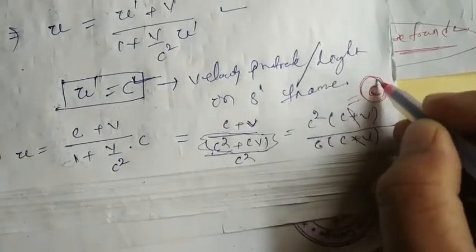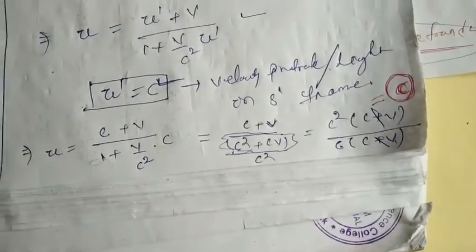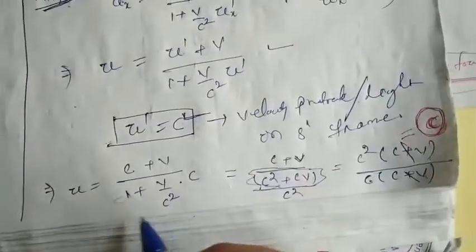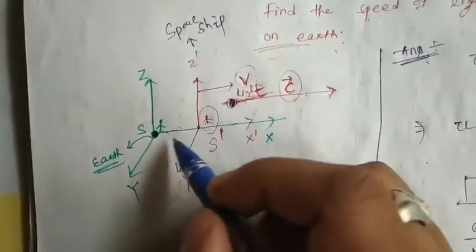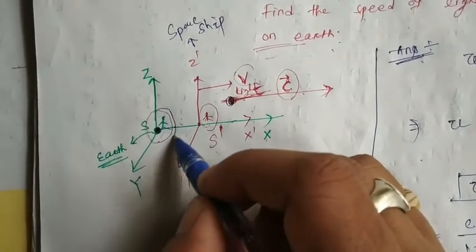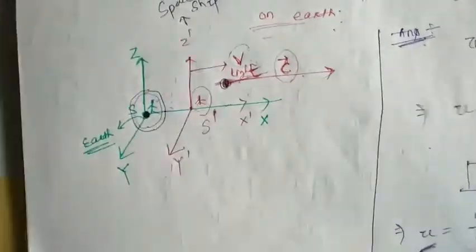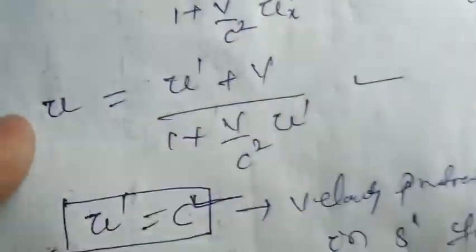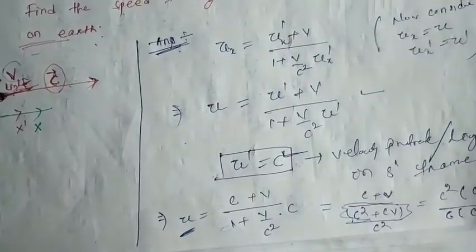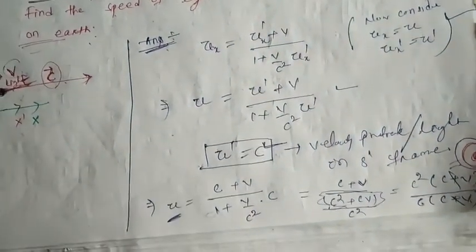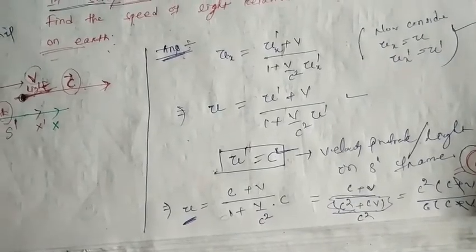Carefully write this in your note. So here we found that u, the velocity observed by the observer sitting in the Earth frame, is also c. We got the same answer, which well supports the special theory of relativity.